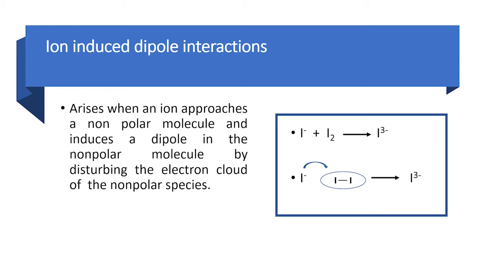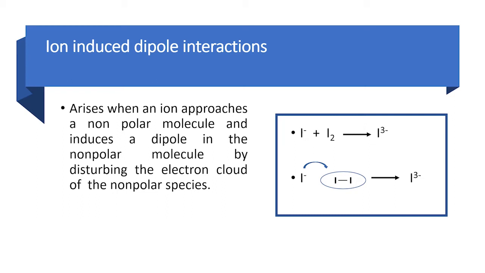Here you can recollect the electromeric effect that we studied in organic chemistry. By the approach of a charged species, there will be disturbance in the electron distribution of the non-polar molecule. We know the iodine molecule as such is non-polar. There is equal distribution of electron density between the two atoms. But by the approach of this I minus ion, there will be a difference in the electron distribution.